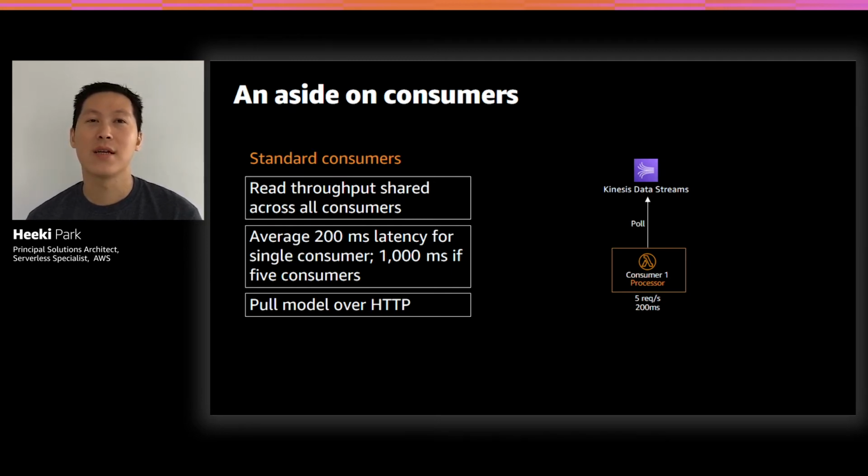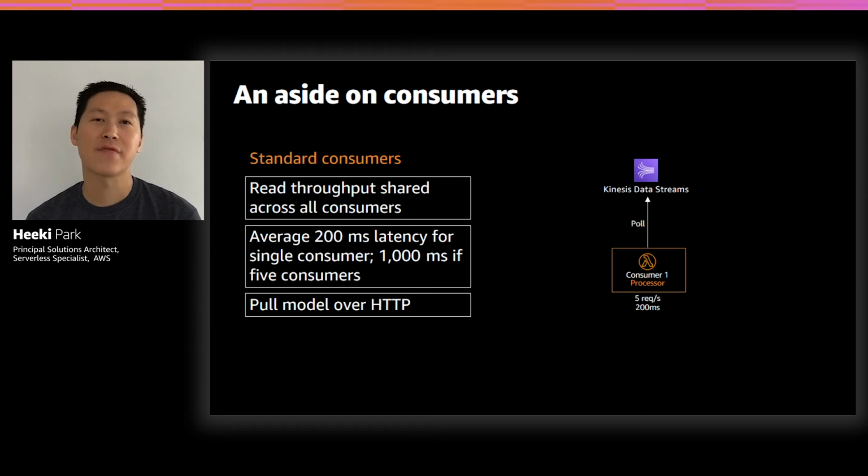For example, as mentioned before, each shard can support up to 5 requests or 2 megabytes per second. If we had a single consumer, here a processor application, that consumer could use all 5 requests per second per shard and therefore make a request to each shard every 200 milliseconds.